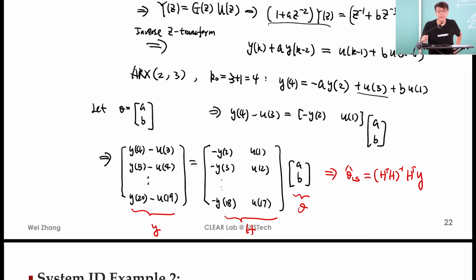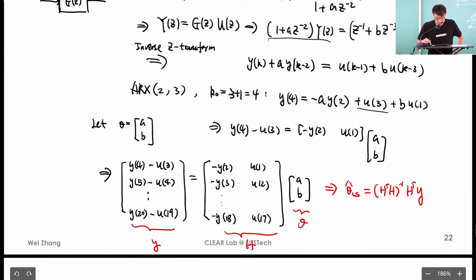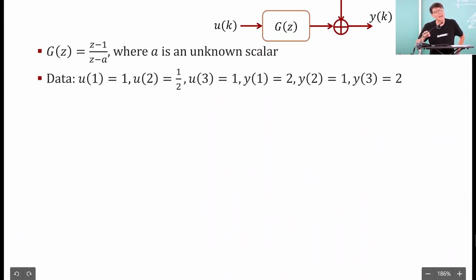This is okay, right? I have another example which is similar. I don't want to go through it. I may write it down later after class and upload the lecture notes, so you can take a look if you want. So now it's already done for linear least square problems.